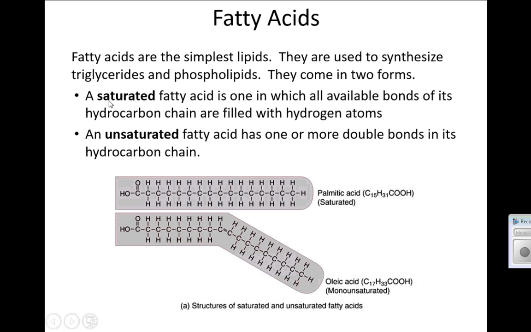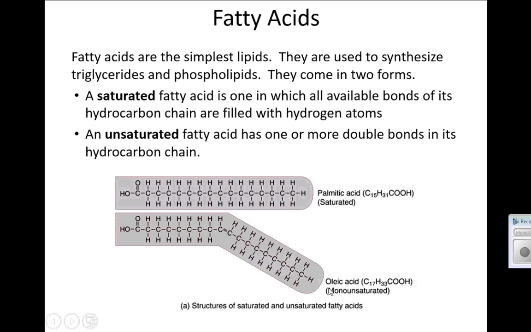A saturated fatty acid is one in which all the available bonds of its hydrocarbon chain are filled, so there's always a hydrogen attached. Okay, I'm not going to worry about this one here. With unsaturated, like we're showing here, these 2 carbons are lacking a hydrogen because there's a double bond between those 2 carbons.